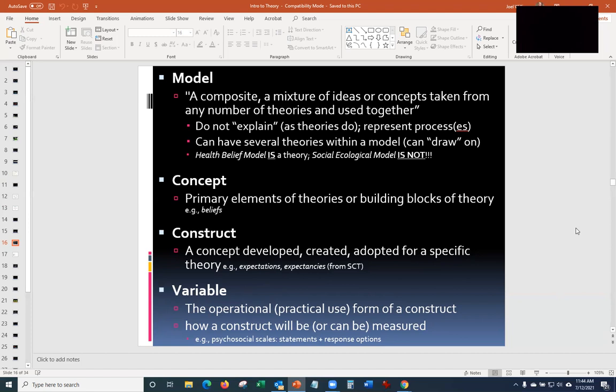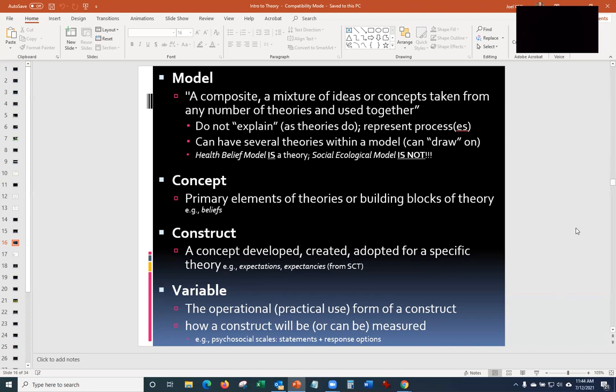So expectations and expectancies are two specific types of beliefs that we talk about in social cognitive theory. And so that differentiates the broader idea of a concept from the more specific idea of a construct. So a construct is a specific type of concept.